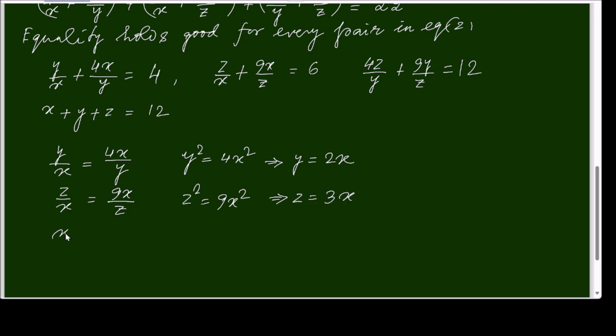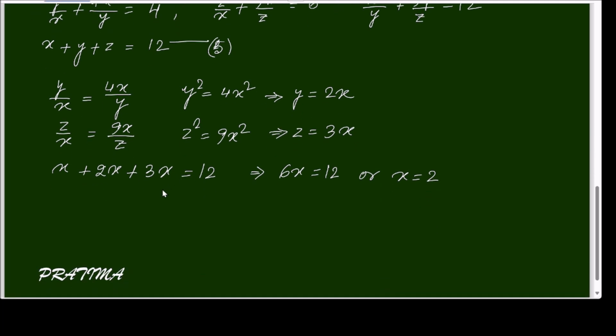So x plus twice x plus 3 times x equals 12. I am substituting in the equation. Let it be 5. Then 6x equals 12, or x equals 2.